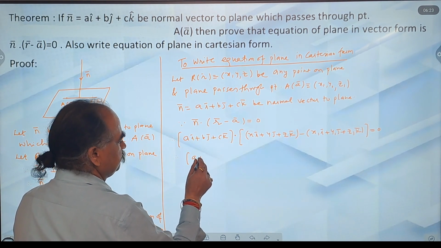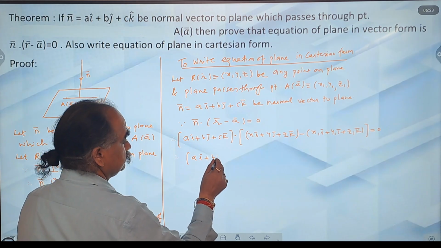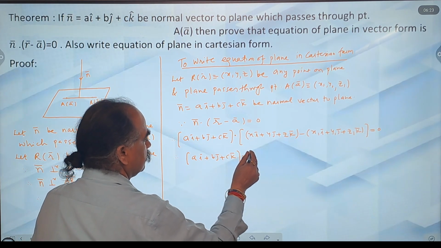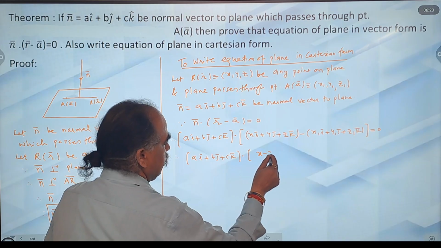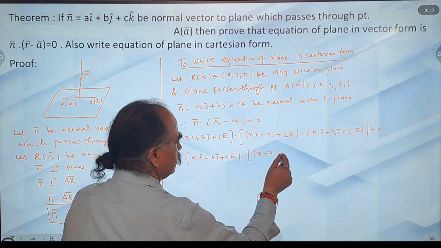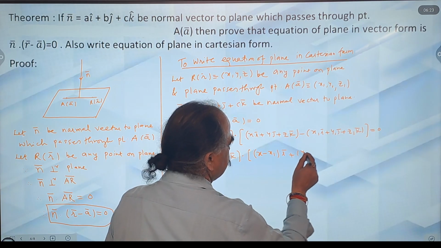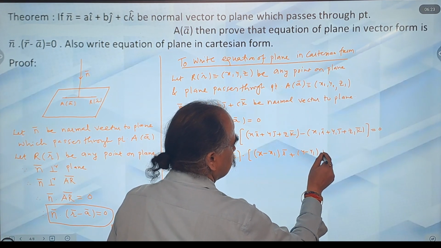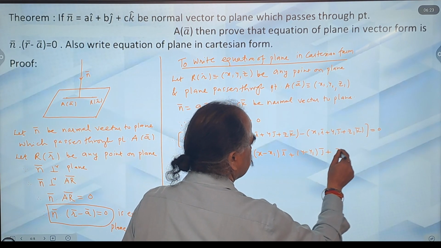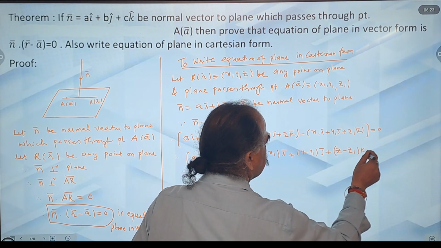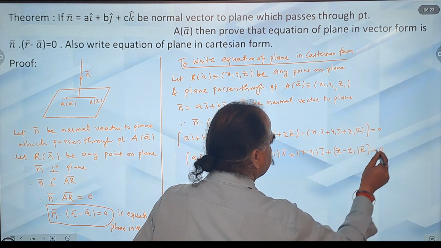So ai plus bj plus ck dot x minus x1 I bar plus y minus y1 j bar plus z minus z1 k bar is equal to 0.